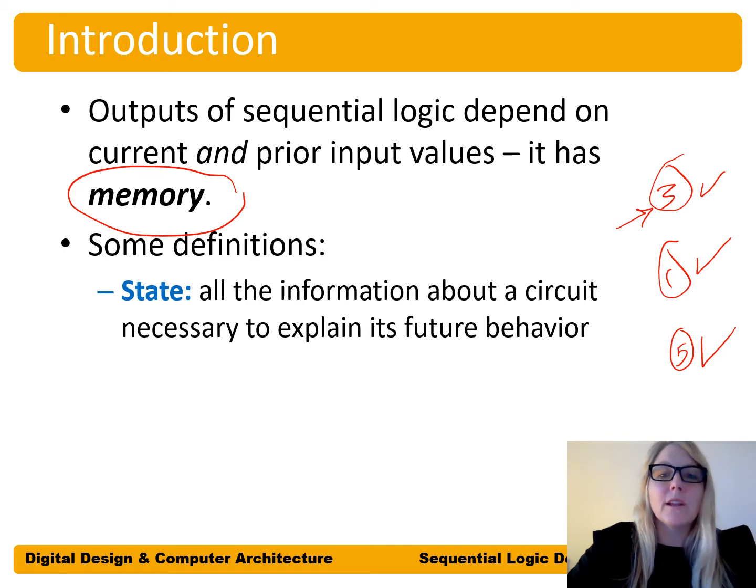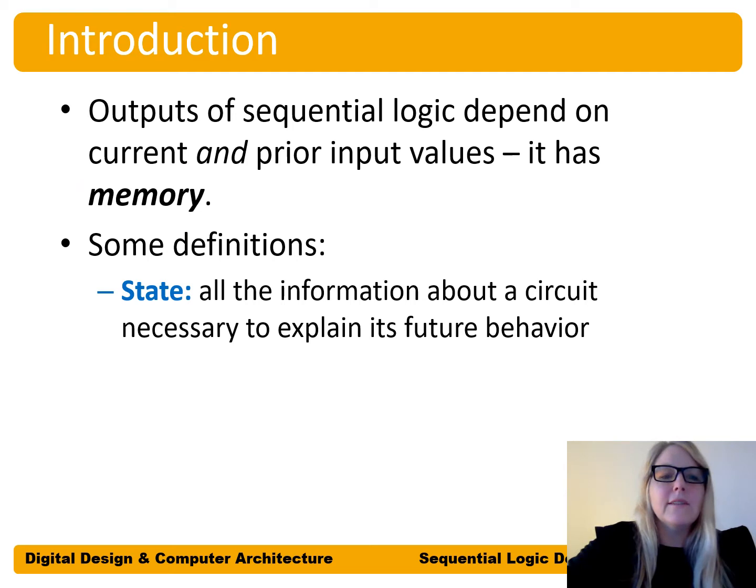If you have, then your smartphone is now in that state waiting for the next correct input of 1. And then once the 1 is entered, it's now in the state of, okay, I know that you entered a 3 followed by a 1, and now it's in the waiting for the 5 state. And so the state of a system is all the information about a circuit necessary to explain its future behavior, so what it does next.